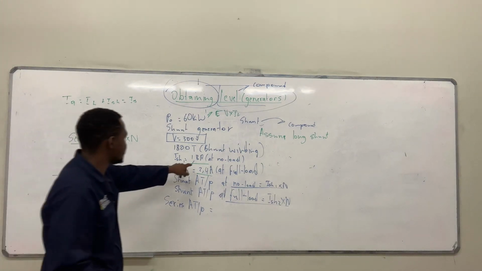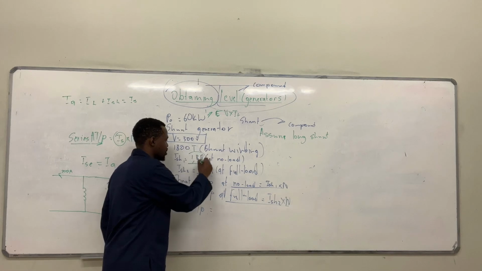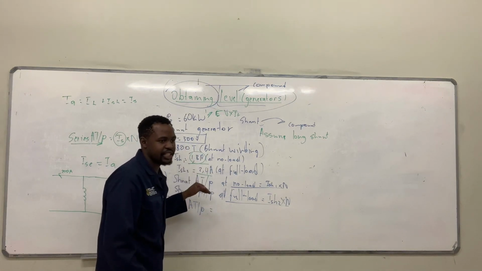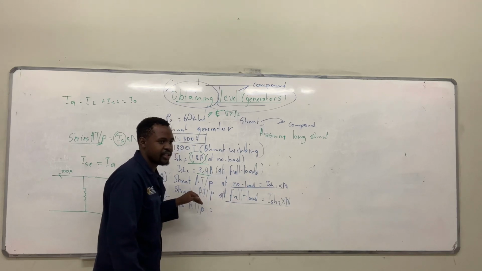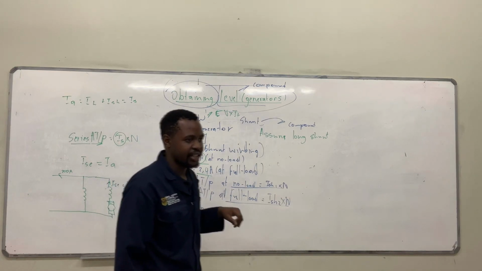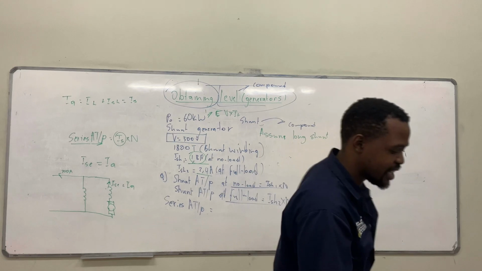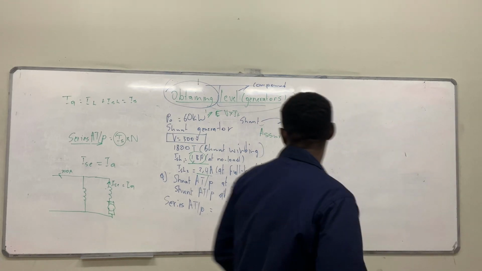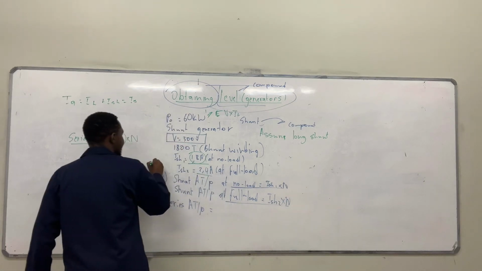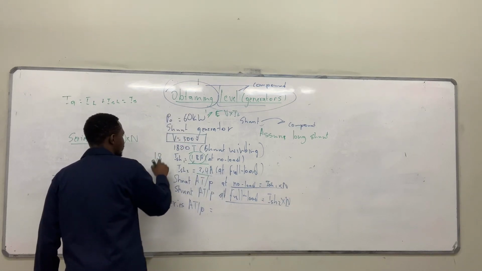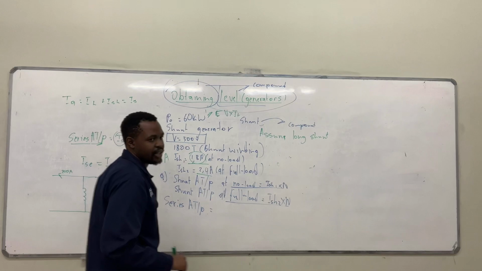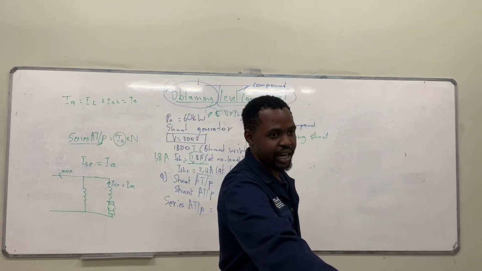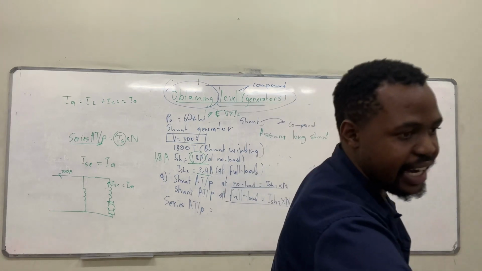It says no load current 4, but when you read the equation it says the no load current is 1.8. So guys, there's a typing error. They should be saying the no load current was 1.8. Everything else is right. There is 4 in the beginning.